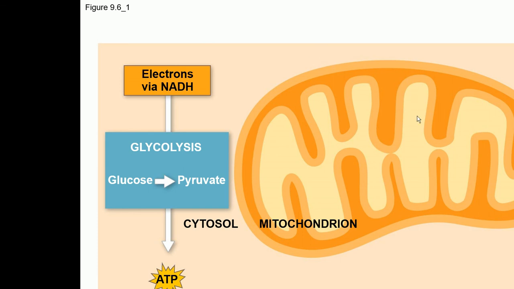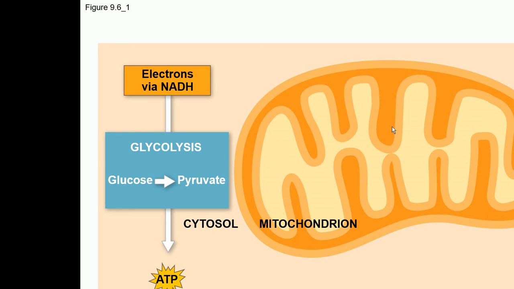We have already talked about how the inner membrane of mitochondria is all invaginated, and these invaginations are to increase the surface area. In this inner membrane of mitochondria are embedded some protein complexes.